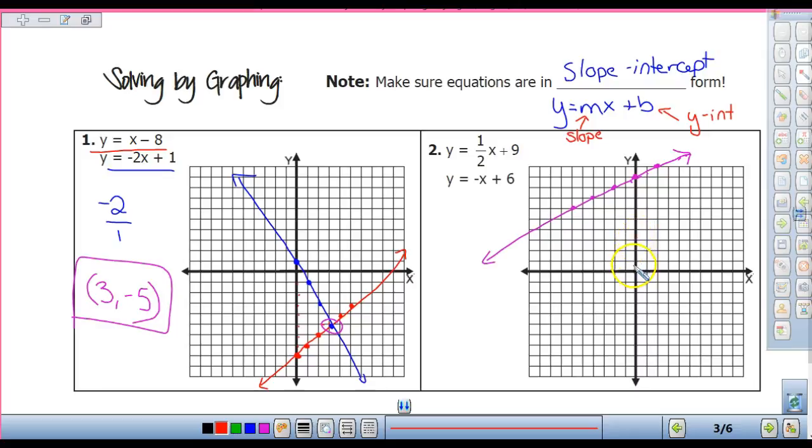Starting at 6, and it tells me to go down 1 over 1. Down 1 over 1. And if your lines are straight, where do these intersect?